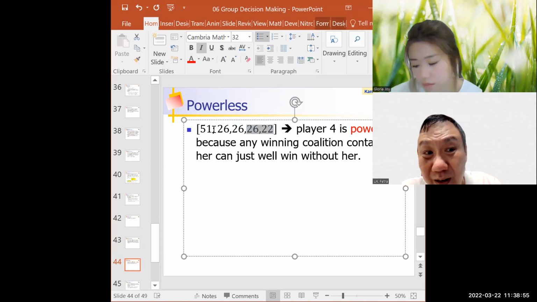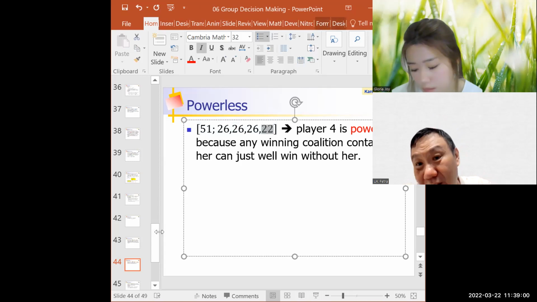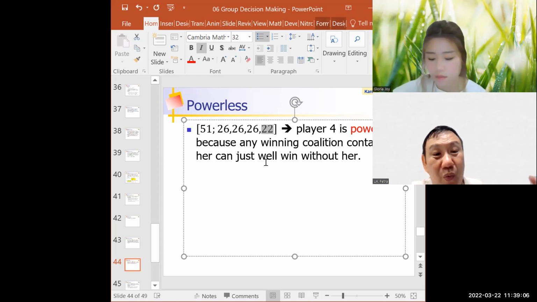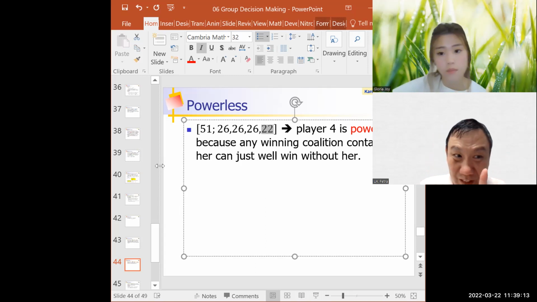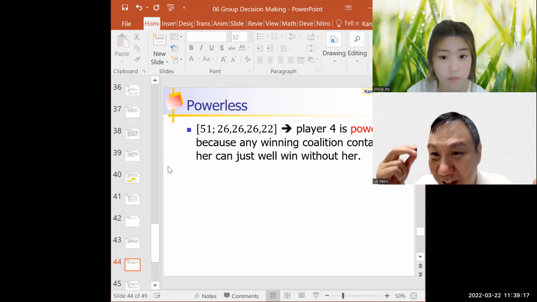It's less than 51. So that means player 4 is powerless here, because any winning coalition containing her will just win without her. Correct? From this voting weight, you start to realize your power.